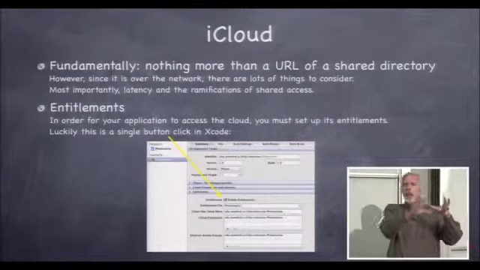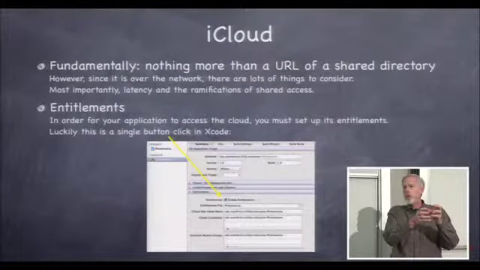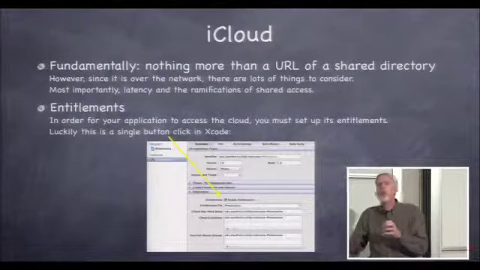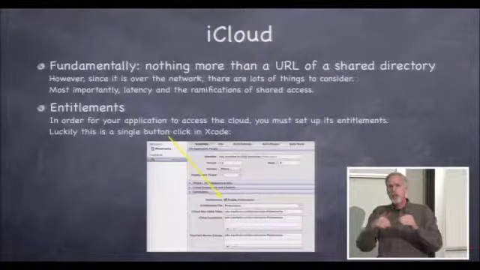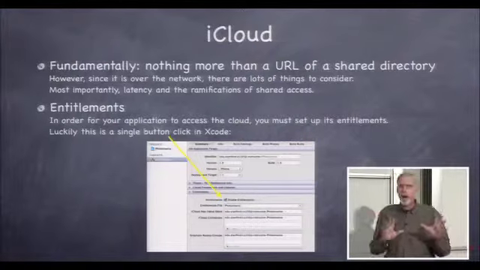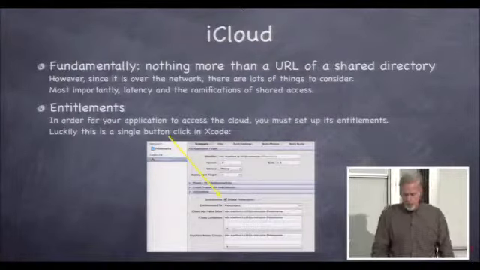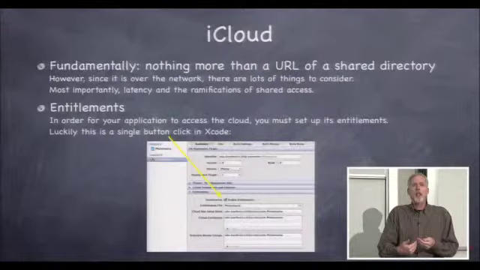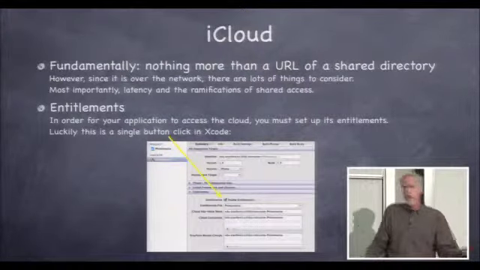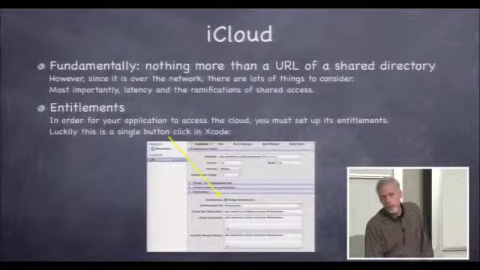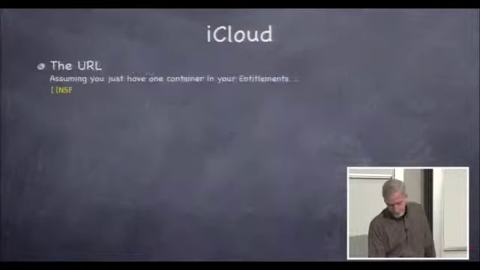In other words, the space in the cloud that you can write is not necessarily just tied to this one app, right? You could ship 3 different apps and they're all writing into the same space in the user's cloud, okay? So the entitlements kind of manage that hookup. But by just clicking this simple switch, you've created a simple connection. As long as your provisioning profile is enabled for cloud, this app now can write into the cloud URL, okay?